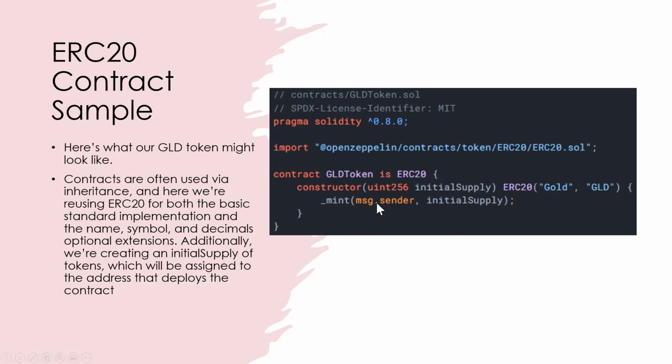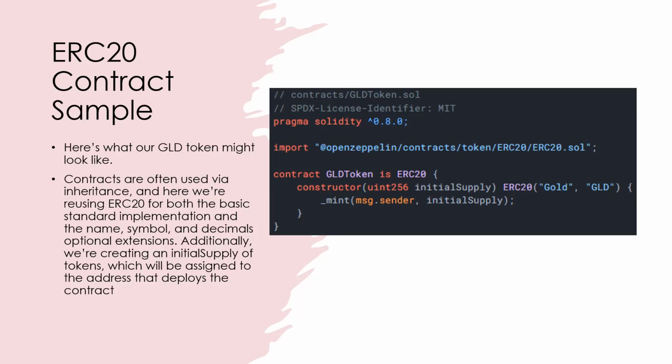And then the functions that we have for the user. This is the message sender, and it initializes with the initial supply and mints this gold. I think that's what this contract does. And that explains it here: contracts are often used through inheritance.